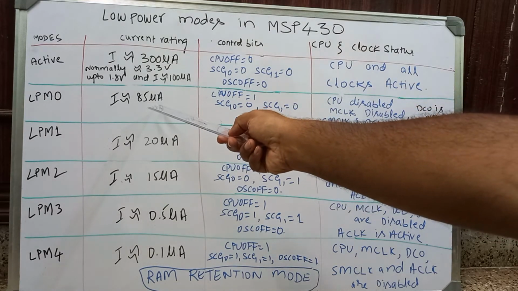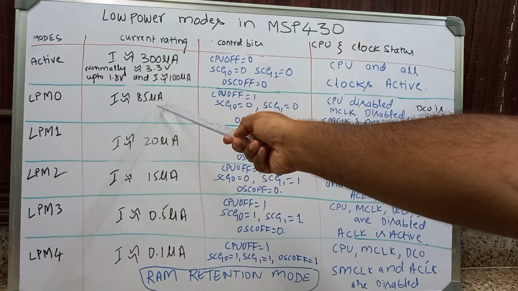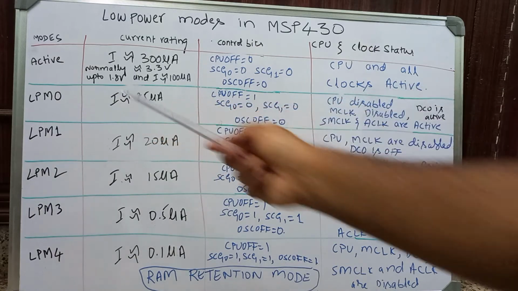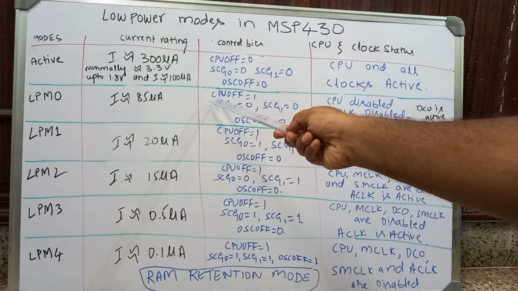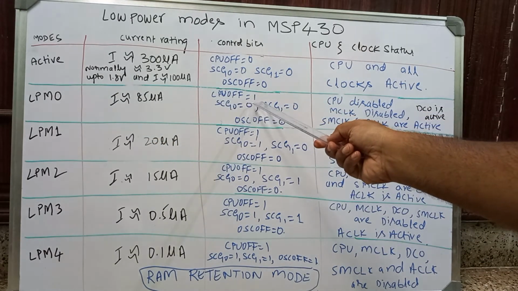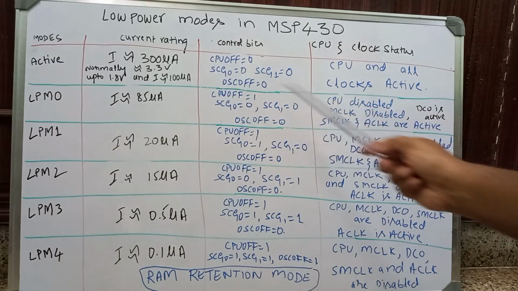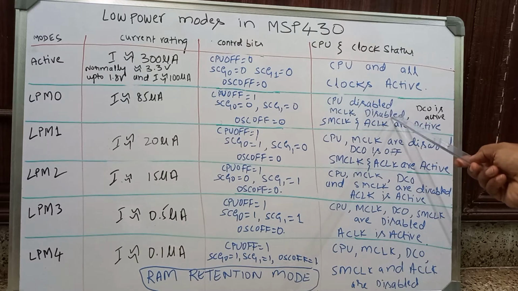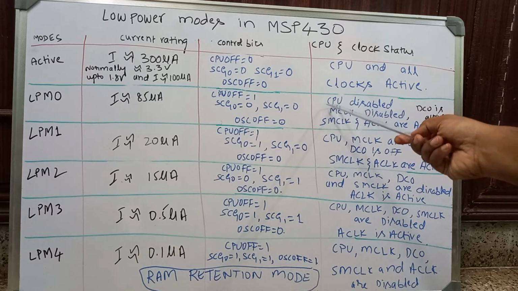When the current drops as low as 85 microamps, the MSP430 shifts to low power mode 0. Here, as you can see, CPU off is made 1. That means the CPU goes off. If the CPU is going off, the master clock will also be disabled because the master clock works along with the central processing unit.